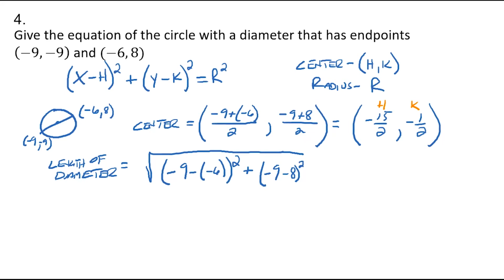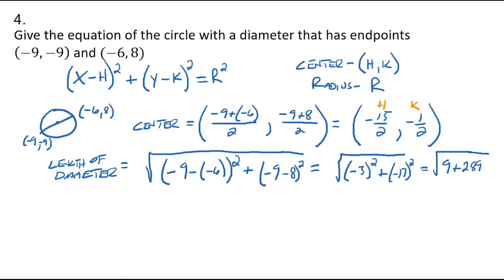And if we simplify this, we end up with (-3)² plus (-17)². Simplifying this even further, we end up with 9 plus 289.